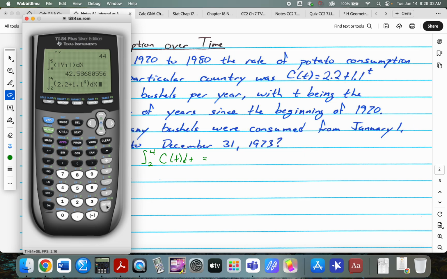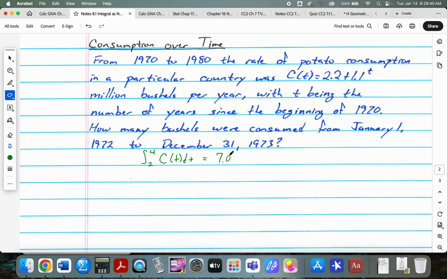And because your calculator's dumb, we have to call it x. 7.066 million bushels.